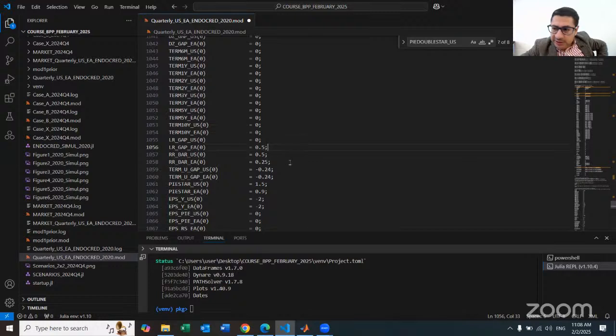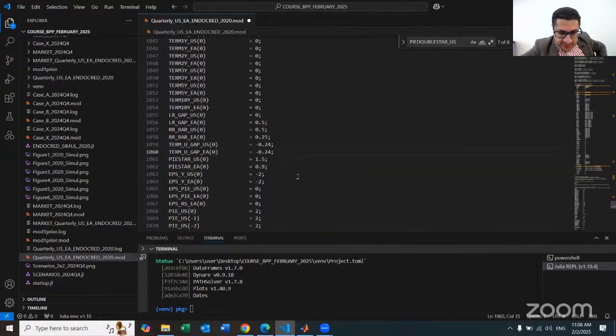I'm sorry, the inflation was negative here, and we calculated the difference between the nominal interest rate and the inflation expectation, and came up with the real interest rate gap and trends, and these values.